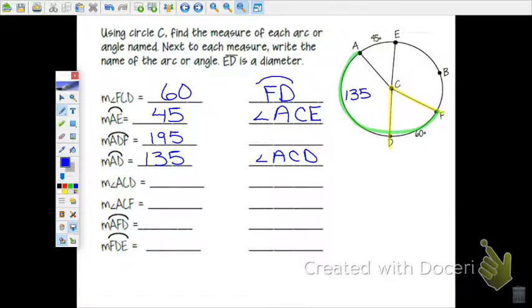Next one, we want the measure of angle ACD. Angle ACD formed the previous arc AD, so it has to also be that 135. So we're seeing that connection between the two. Next one is angle ACF. What would be the measure of angle ACF?